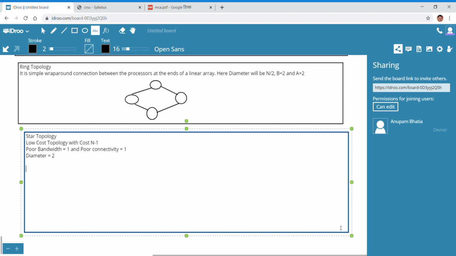See here from the diagram, we would like to understand this star topology. It is one of the most common topologies we study in computer networks also.